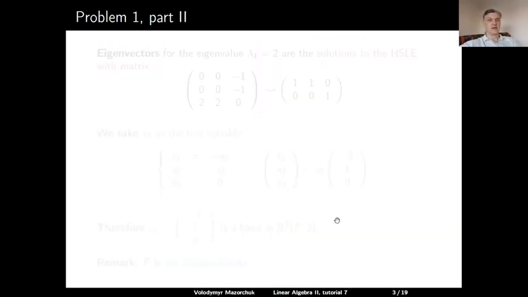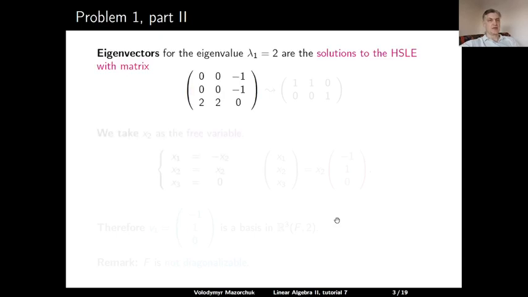Let us determine the eigenvectors for this real eigenvalue. The eigenvectors for the eigenvalue 2 are the solutions to the homogeneous system of linear equations which we obtain where we take the matrix of our linear operator and subtract the eigenvalue on the main diagonal.